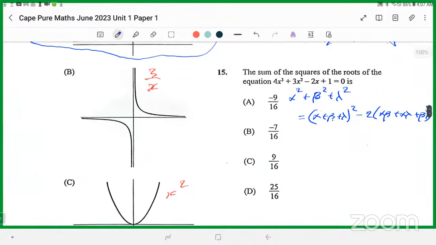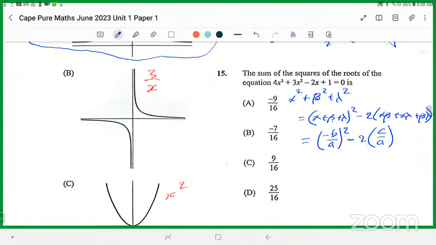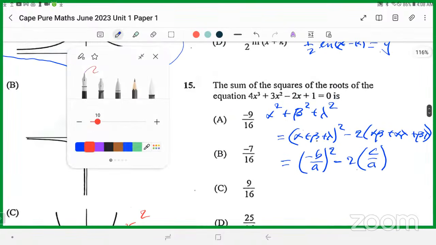So the question is, what is alpha plus beta plus lambda? It is minus b over a, squared, minus 2 times the pairwise product, which is c over a. The a, b and c are the coefficients up here.